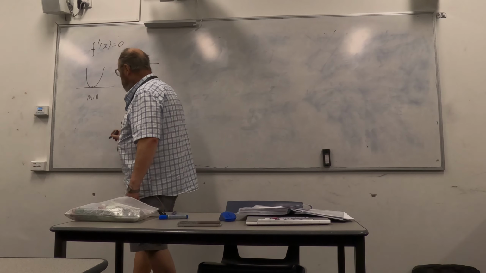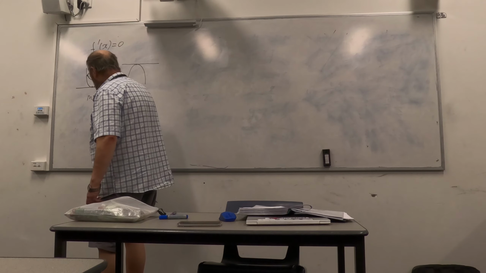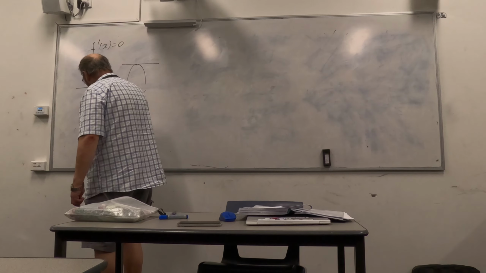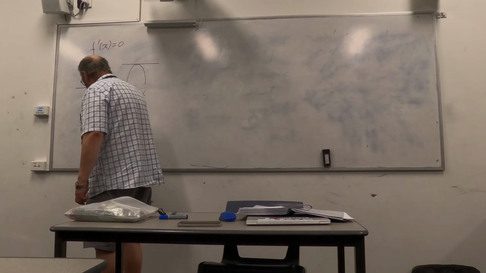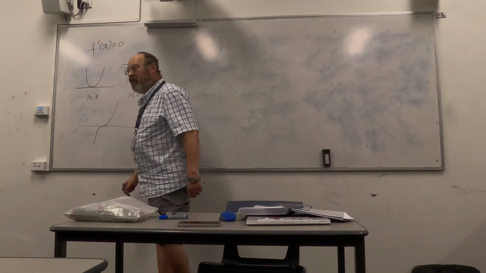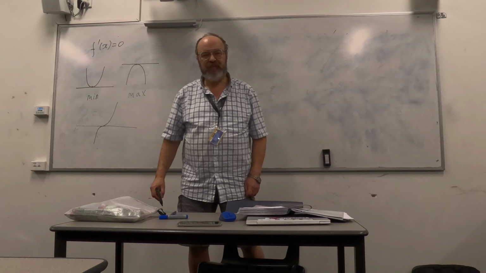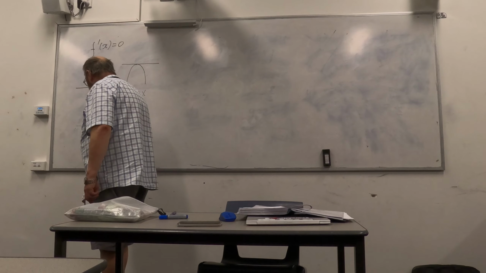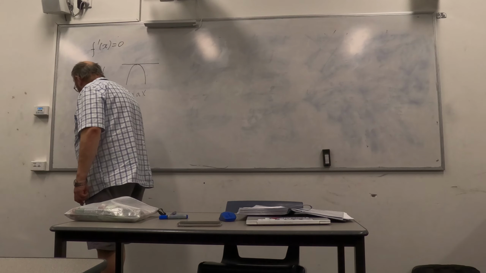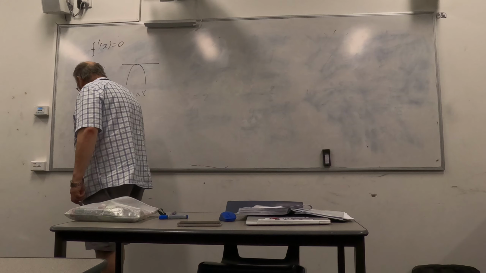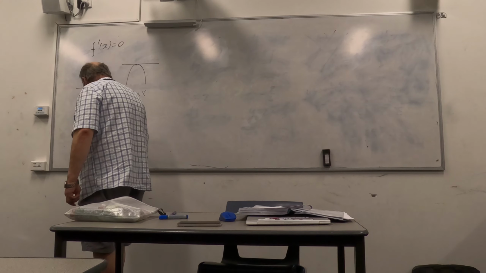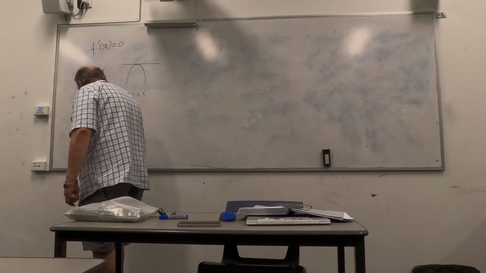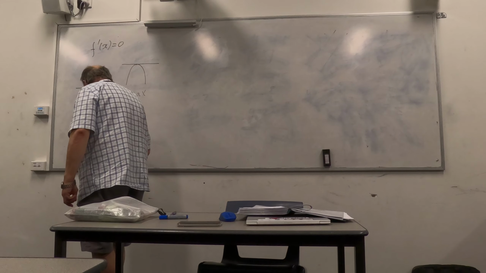And the third type is a stationary point of inflection, where the tangent actually crosses the curve. So this is a stationary point of inflection.